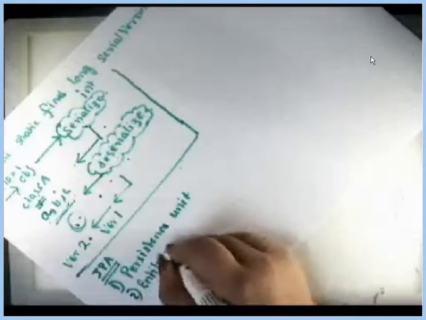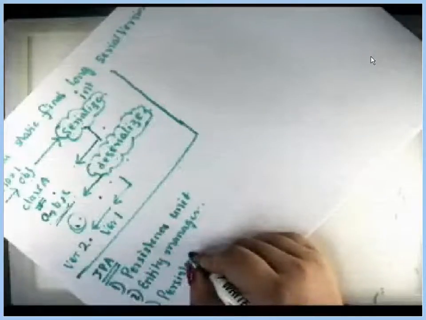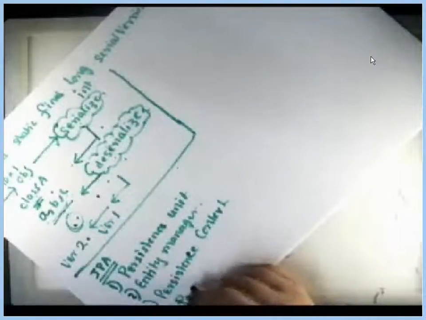Another is the entity manager. These are all very important. Third is the persistence context, and fourth is the persistence identity.